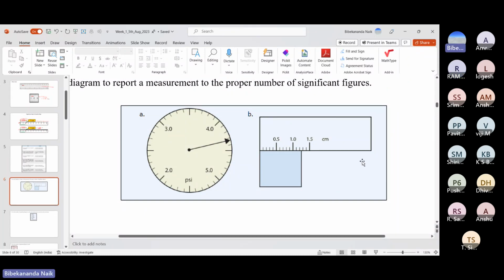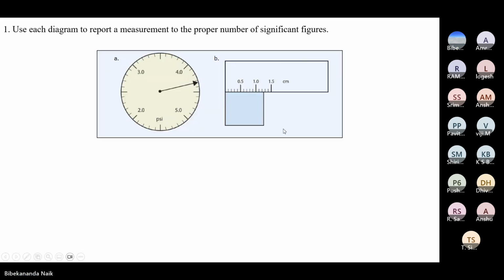So there are two figures, and we have to say the measurement value these figures are showing. In case of A, the measurement device is measuring in PSI units.